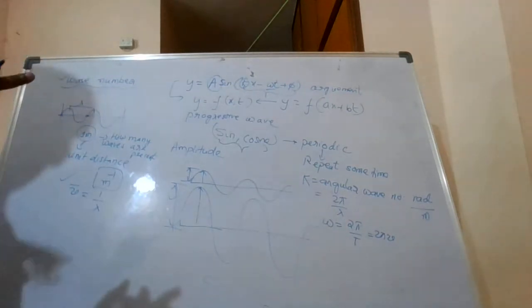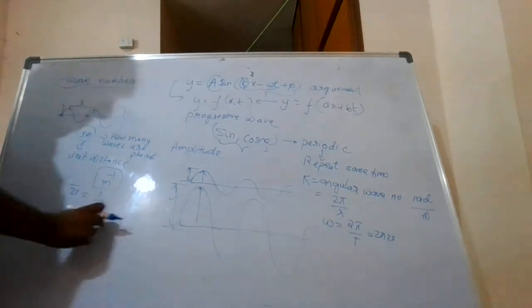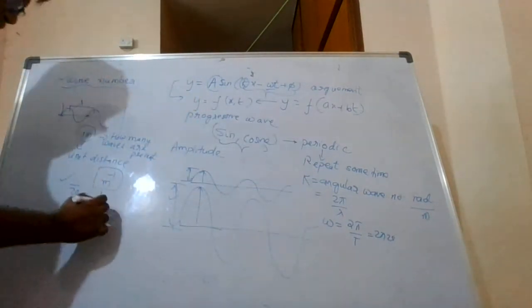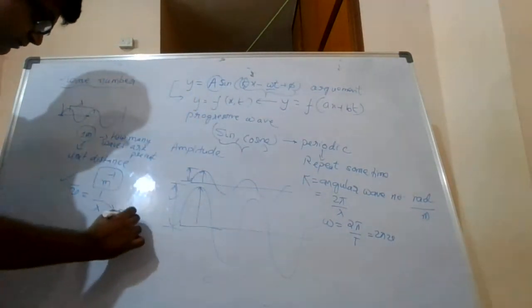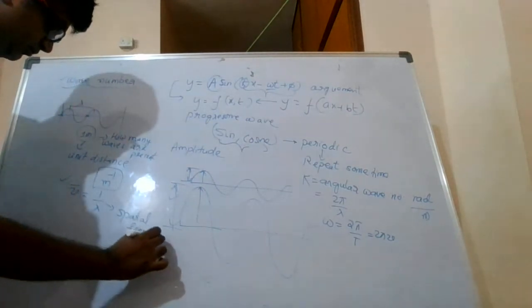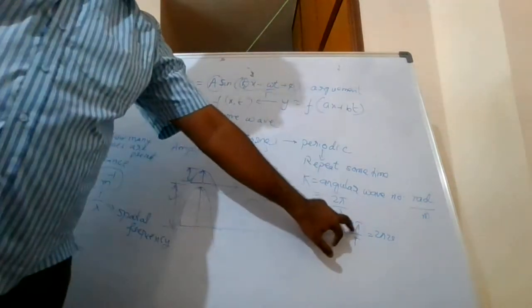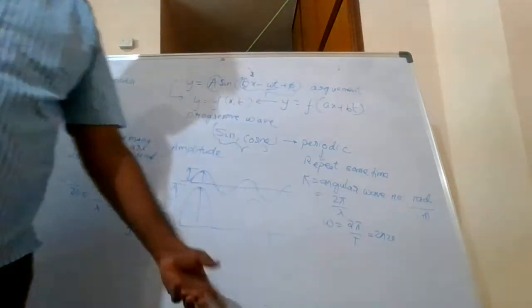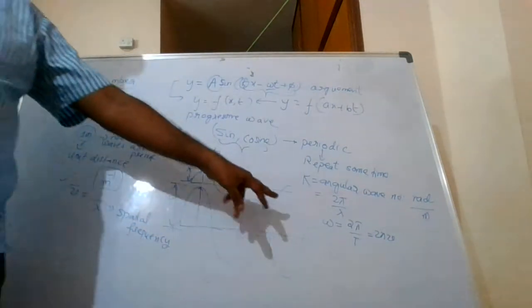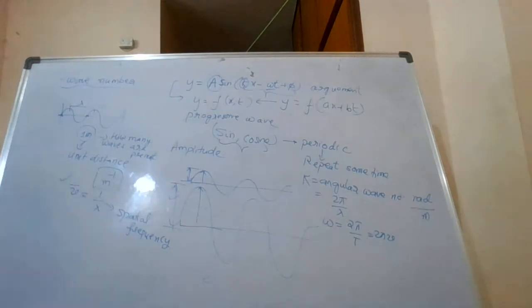That frequency is related to time. Now this 1 upon lambda looks quite similar to that. This is also called spatial frequency. You are getting here 2π into 1 upon T. 1 upon T is frequency, and this frequency is with reference to time. If it is with reference to distance, it is called spatial frequency.